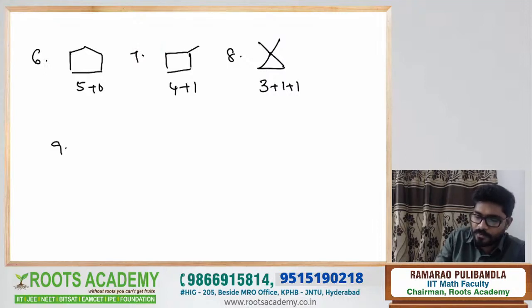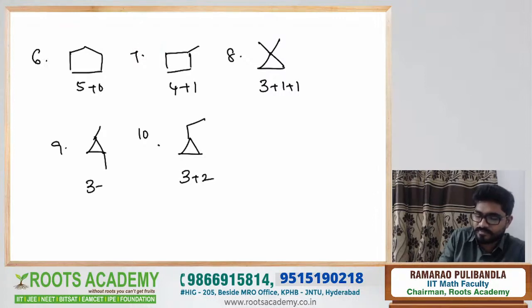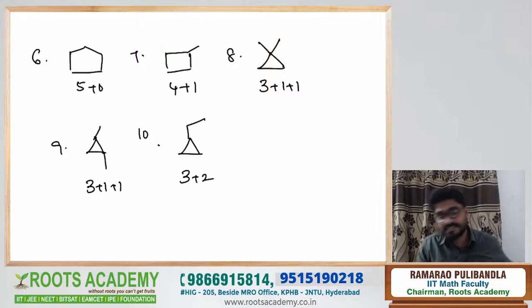One here, one here. 10th one, last one, guys. 3 plus 2 it is. So total we got 10 structures. We can't get 11, no? I think total we'll get 10 only. Any other possibilities? No? Yes, I think these are fine.